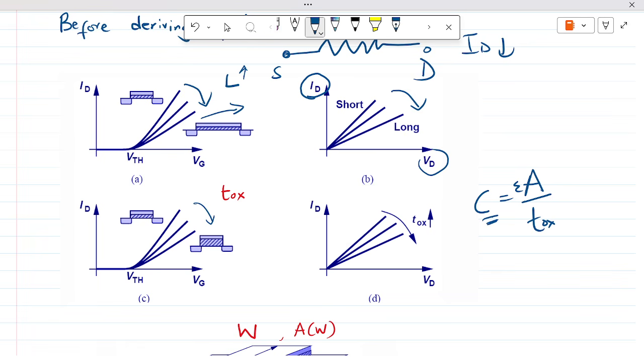And as the capacitance reduces, we also expect the charges to reduce, because the capacitance and the charges are proportionally related. With the charges on the channel reducing, the channel becomes less conductive, which means it becomes more resistive and hence less current is expected to flow.